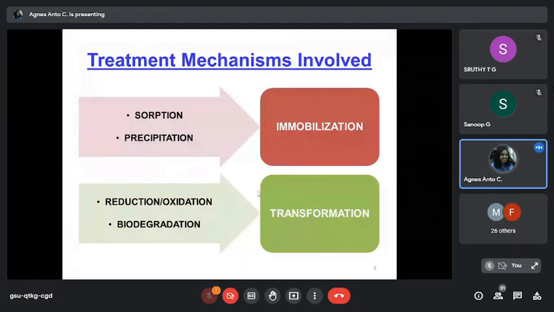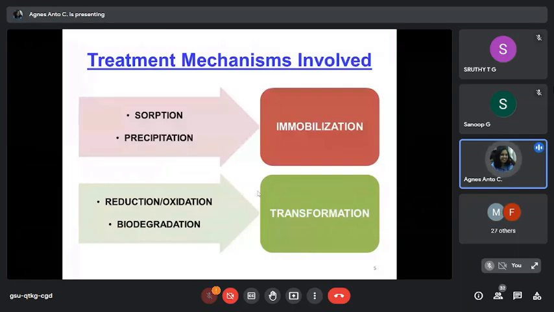So that is the process of transformation, where your contaminant is altered from its harmful state to a harmless state. This is facilitated by either redox reactions or biodegradation. These are the main two mechanisms by which your reactive material contributes to the treatment of the contaminated plume.